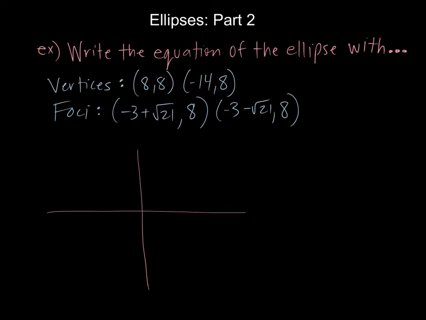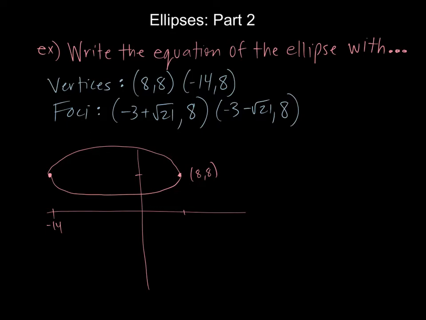If the vertices are 8, 8, remember, vertices are the endpoints of the major axis, the longer of the two axes. Negative 14, 8 is over here. So here's a basic idea of what my ellipse looks like. I don't really know how squished it is, but I know that this is the longer axis.